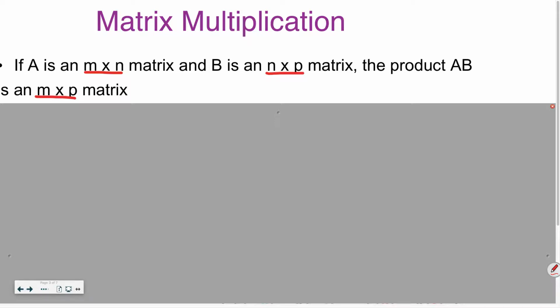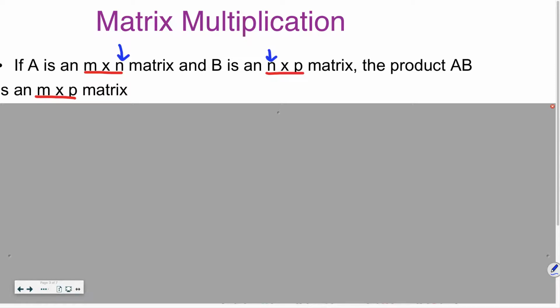Okay, so let's really break that down. Essentially what needs to happen is that the number of columns of the first matrix needs to match the number of rows of the second matrix. Okay, so those middle numbers need to match up when you're writing the orders next to each other.